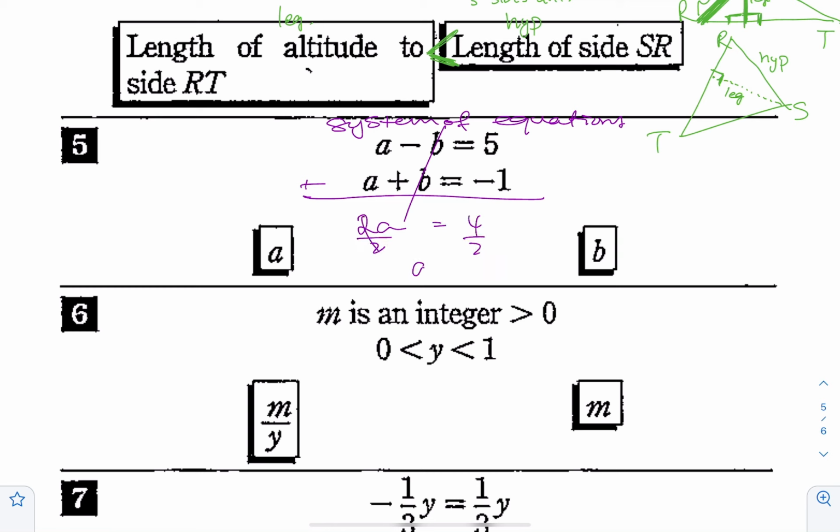And you divide by 2, you get that a is equal to 2. And you can solve by substituting in for b. If a minus b is equal to 5 and a is equal to 2, you get 2 minus b is equal to 5, which means that b has to be equal to negative 3. So here a is positive. That's always going to be greater than a negative number.